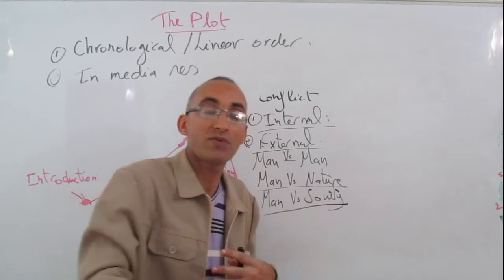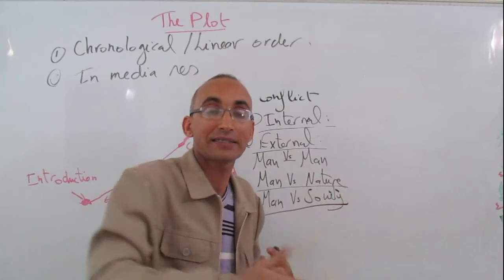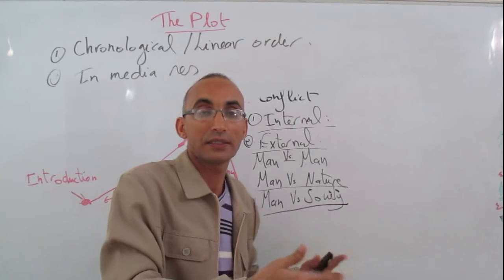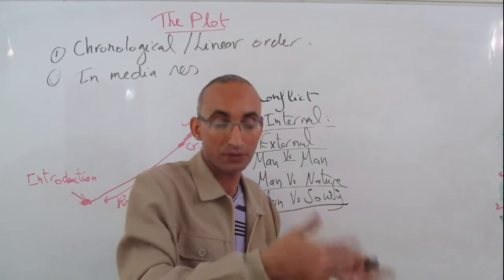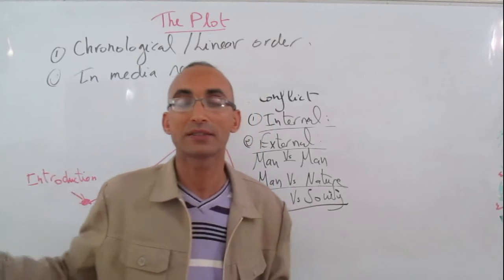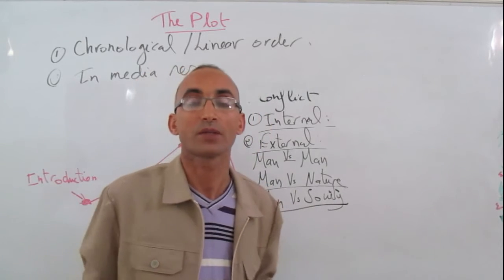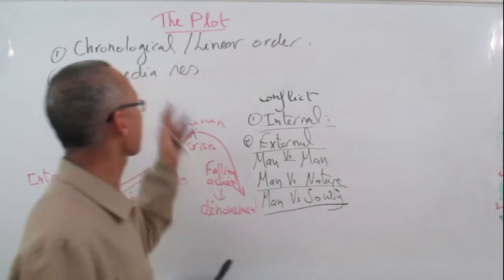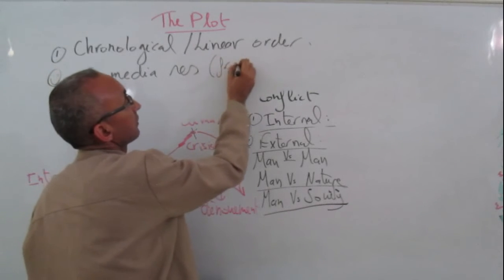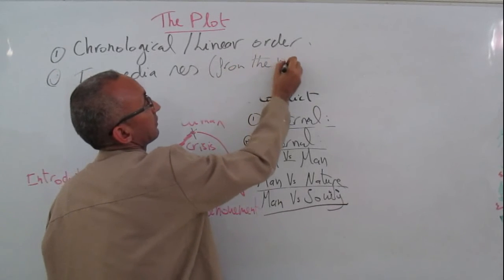Then the story events will tell us later about what happened after he's running away from this or that incident or thing. So the second one: start from the middle.